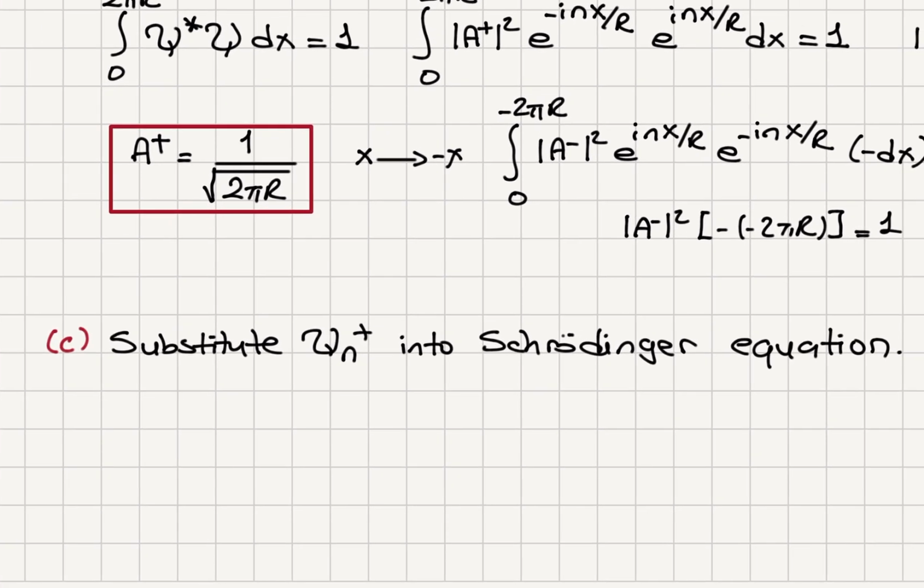So the second derivative of psi with respect to x is equal to, because we have e to the i n theta here, e to the i n x over r, it will give us a factor of 1 over r, the second derivative 1 over r square, i n.